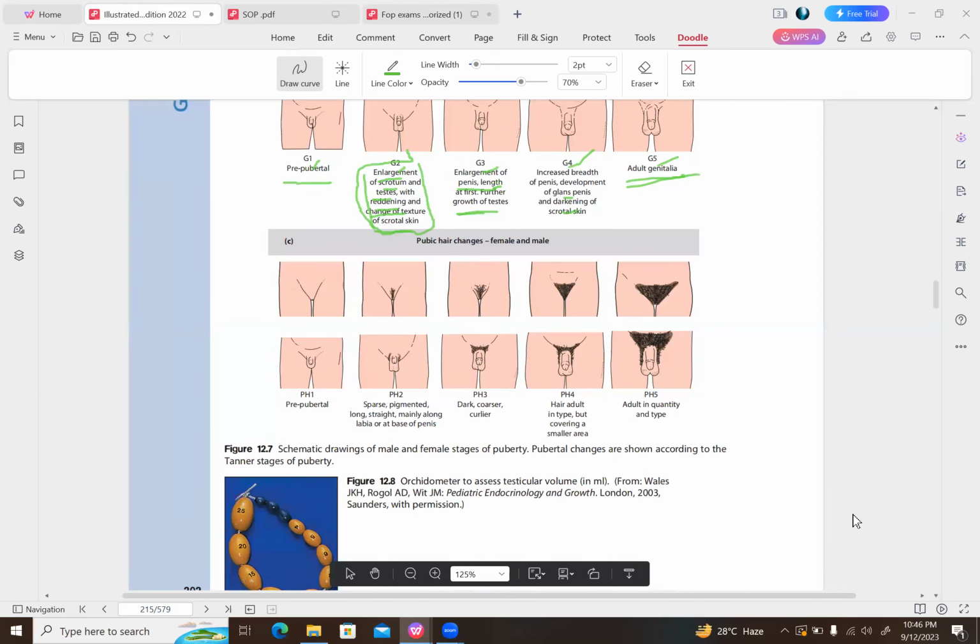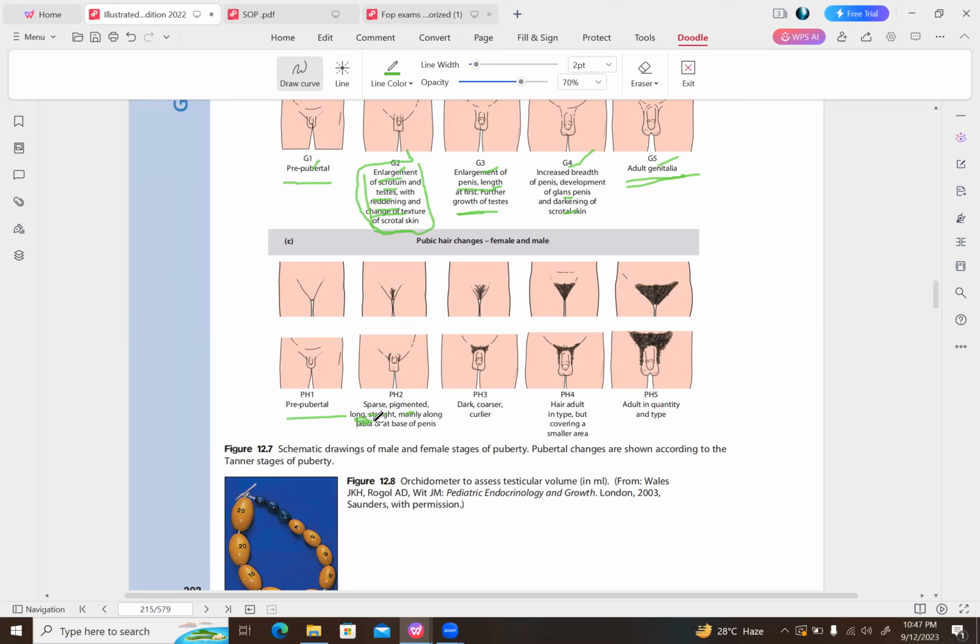Now about the pubic hair. PH is for pubic hair. 1, 2, 3, 4, 5. Okay. PH1 is pre-pubertal, means no hair. There is no hair in both male and in female. In PH2, there is sparse. Sparse means little pigmented hair, and they are more straight.